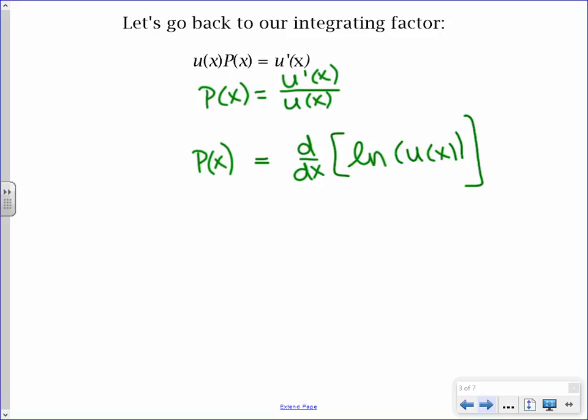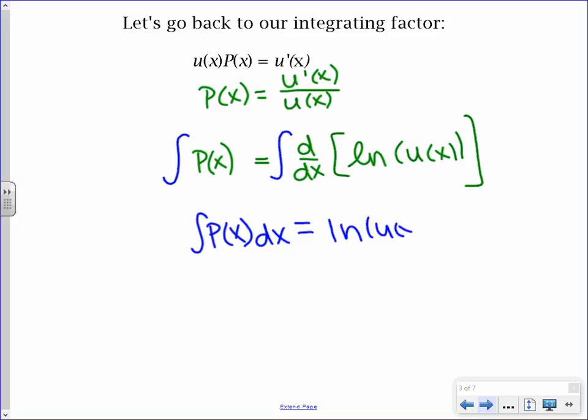If we take the antiderivative of both sides with respect to x, then we get the natural log of u of x plus c on that right side.